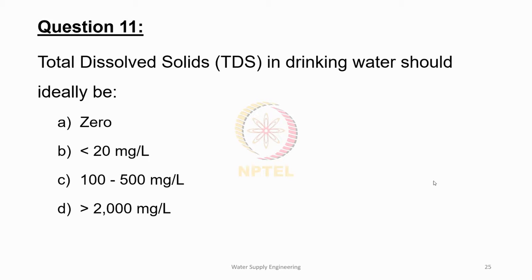So, which is the correct option? The permissible limit for total dissolved solids in drinking water. Which is the ideal value?